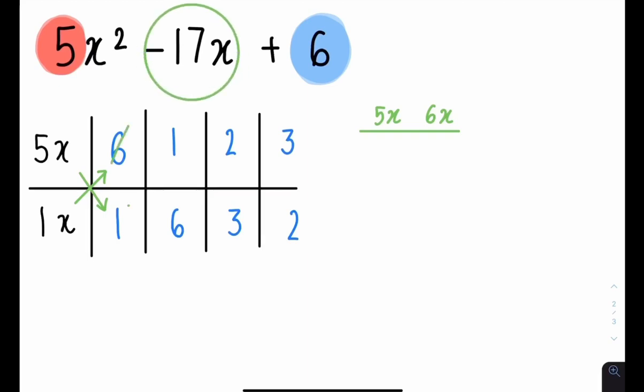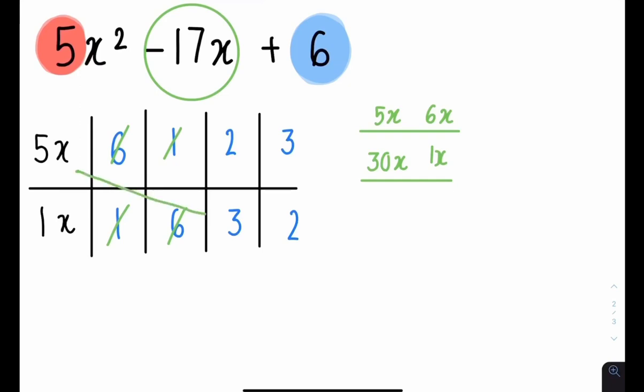Therefore, this column doesn't work. Let's go to the next one. 5x multiplied by 6 is 30x. 1x multiplied by 1 is 1x. Again, these two terms can't add or subtract from each other to make minus 17x, so this column also doesn't work. Go to the next column.